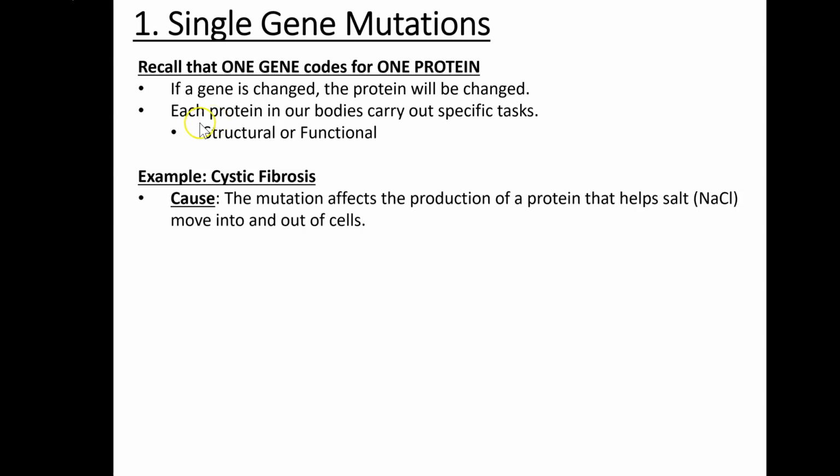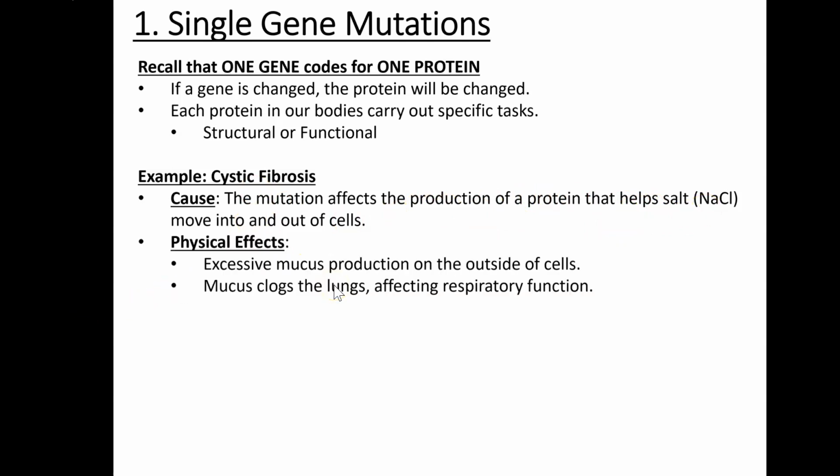So cystic fibrosis is an example of a genetic disorder that affects the production of a protein that helps salt to move into and out of cells. What happens with someone who has cystic fibrosis is this mutation causes excess mucus, a lot more mucus production on the outside of cells. And this mucus clogs the lungs and affects respiratory function.